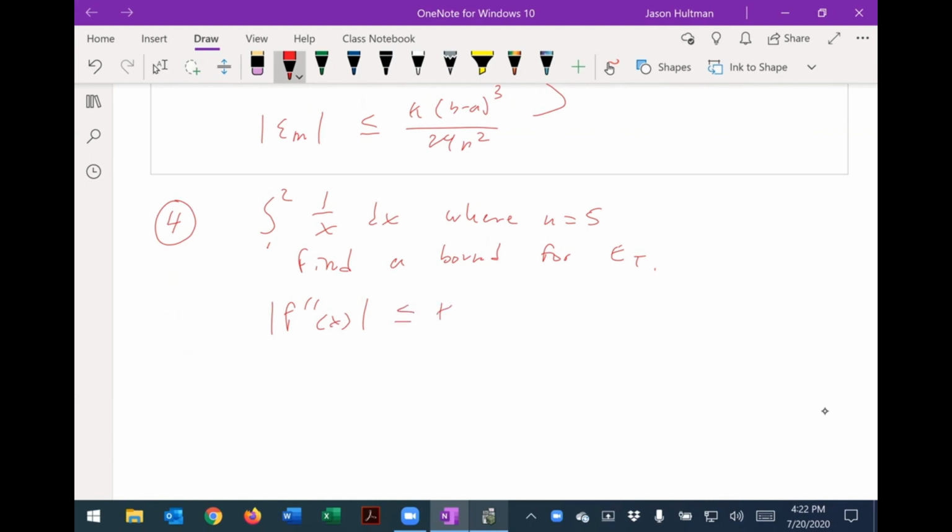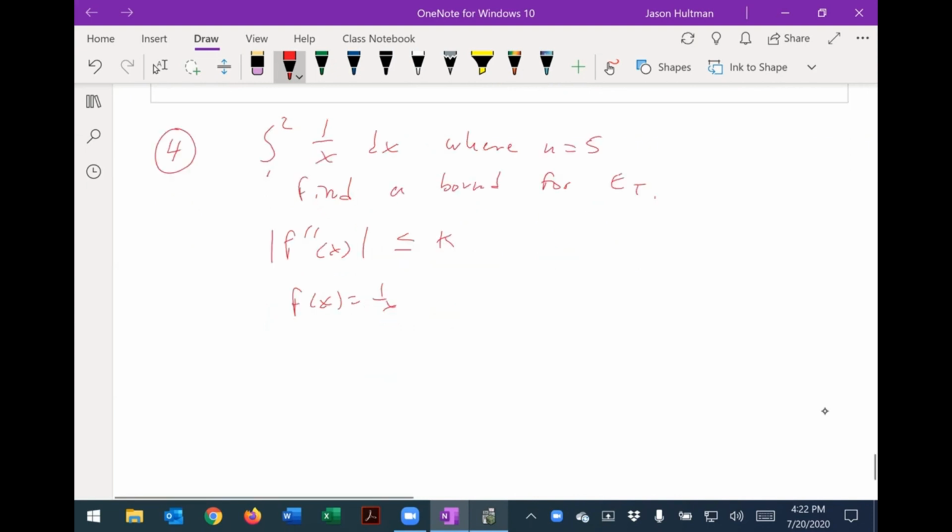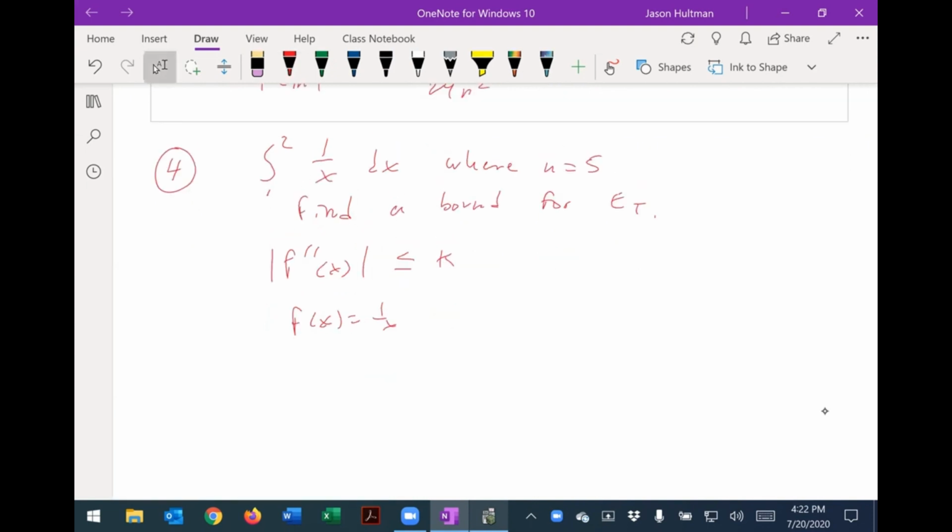So if f of x is equal to 1 over x, then f prime of x is equal to x to the negative first power. Then f double prime of x is negative 1 times x to the negative second power, and f triple prime of x is going to be 2x to the negative third power, which is equal to 2 over x cubed.